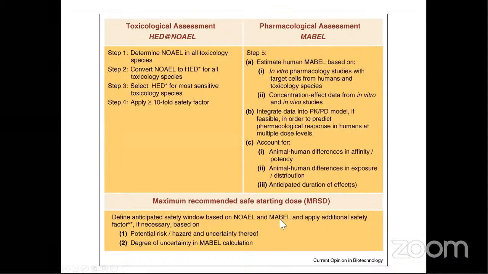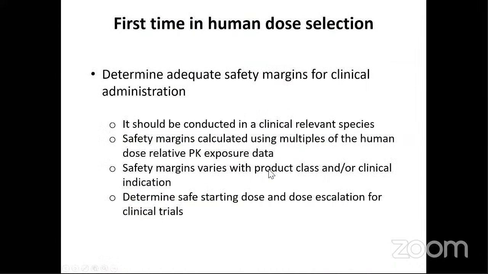So once you have the NOEL and MABEL calculated this way, the maximum recommended safe starting dose, MRSD, as I mentioned earlier, is the one you would use, which is basically the smaller of these two doses. We'll look into the numbers in the following slide after this one. The determination of this safety margin is very important, especially for biologics.